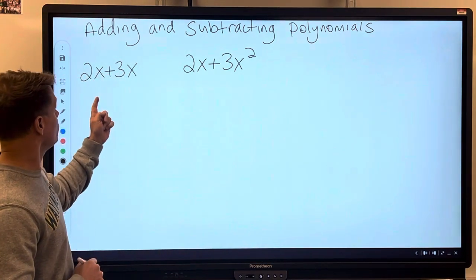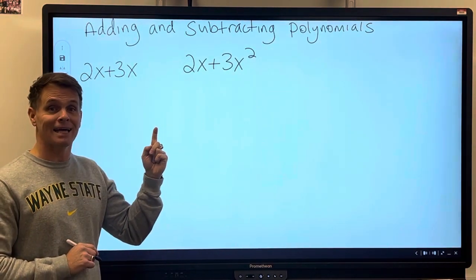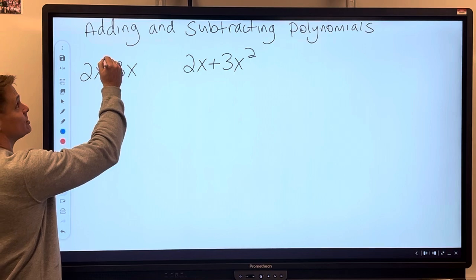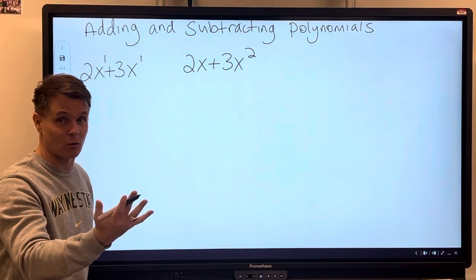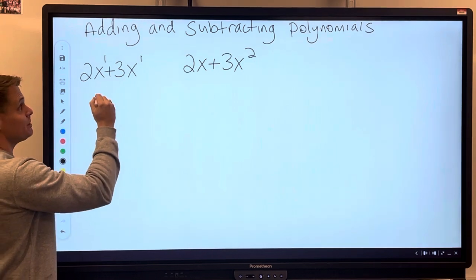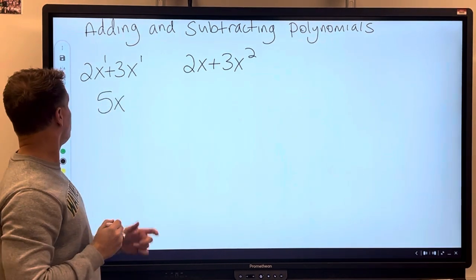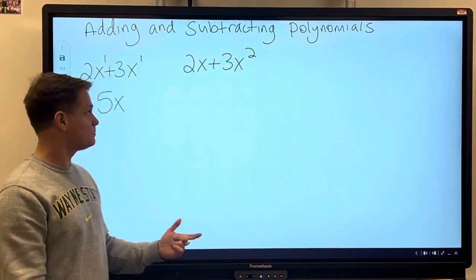So if I take a look at, for example, 2x plus 3x. 2x and 3x have the same variable and they have the same exponent. The exponent would be 1. We don't have to write that. 2x plus 3x is 5x. Some people will put 5x squared. It's 5x.